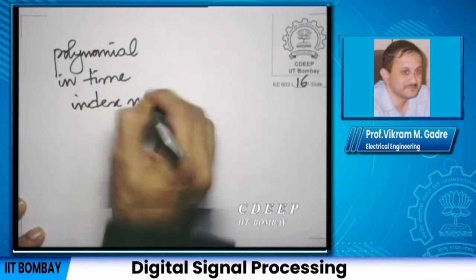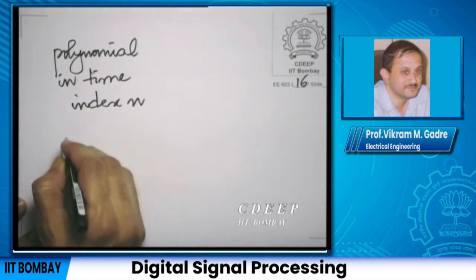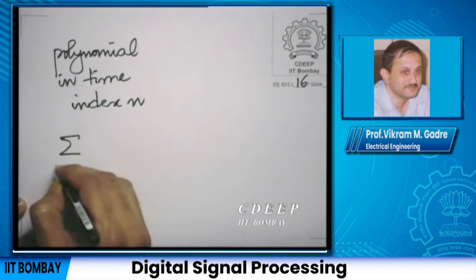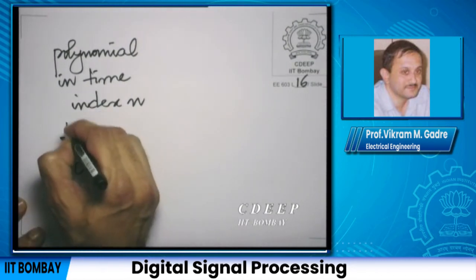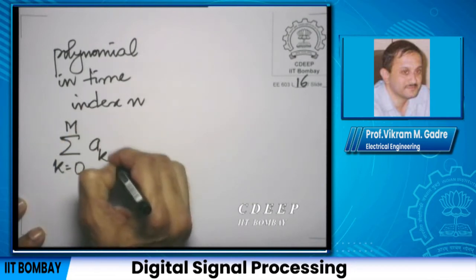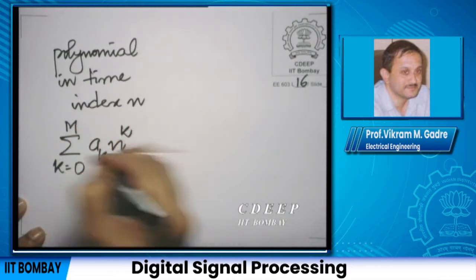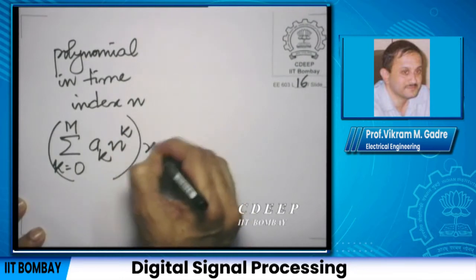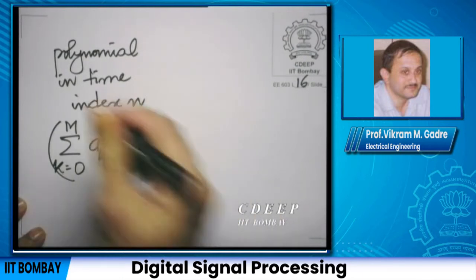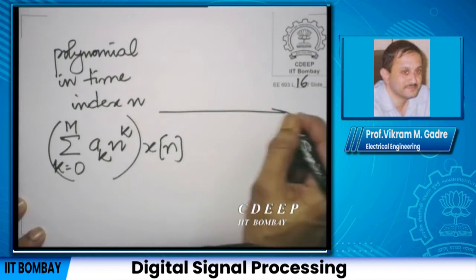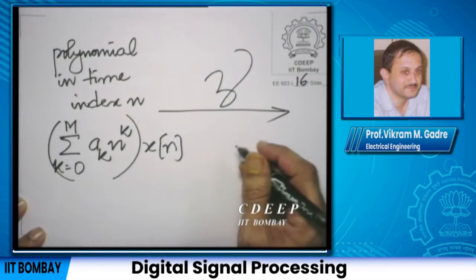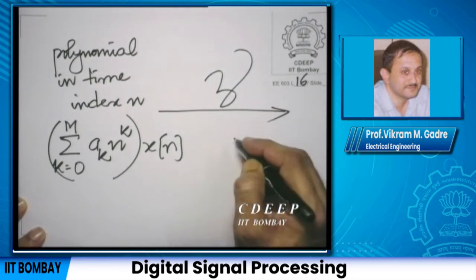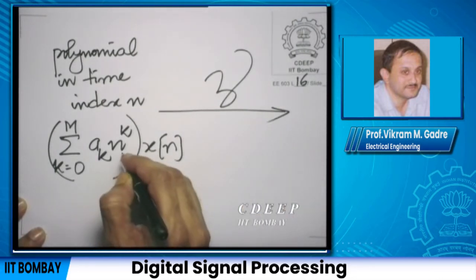n. So, essentially something of the form summation k going from 0 to m a_k n raised to the power k multiplied by x[n] involves taking essentially a linear combination of the kth derivative.